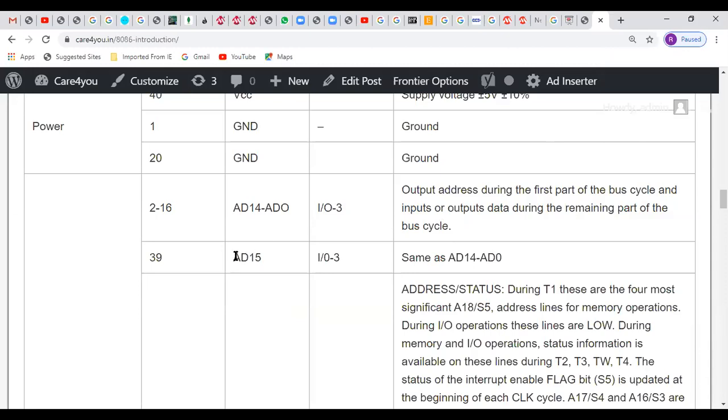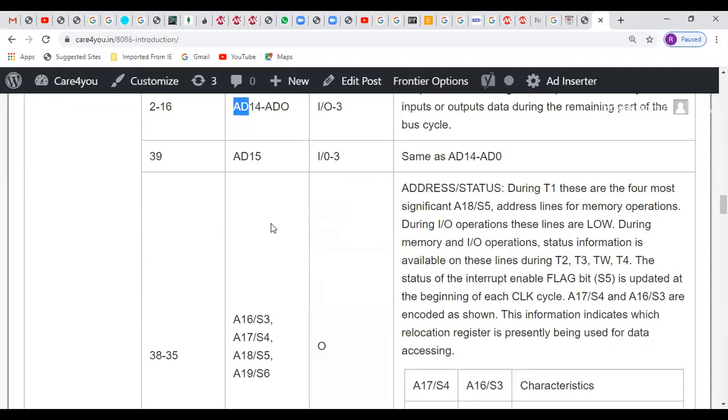You understand what is AD15. It is on pin number 39. So I will leave it for you because you know what is the meaning of AD. A means address, D means data. It is dual function, multiplexed.